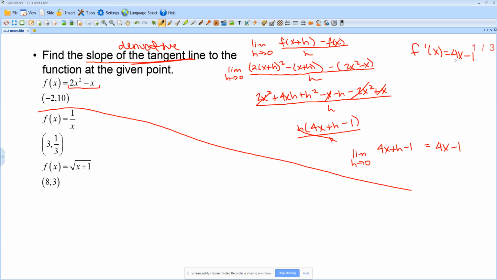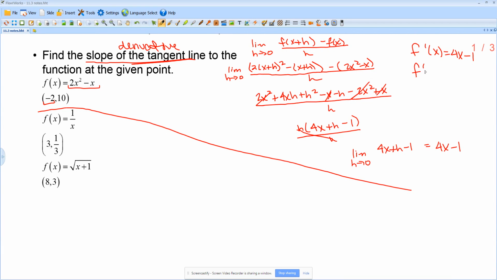So the derivative function, again, is a function that I can use to find the slope of this parabola at any given point. And now I want to find the slope at x being negative 2. This 10 is not particularly relevant for this question. It could be relevant in other questions, and you'll see that, but it's not in this case because all I need is x.